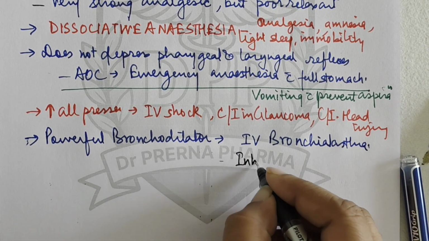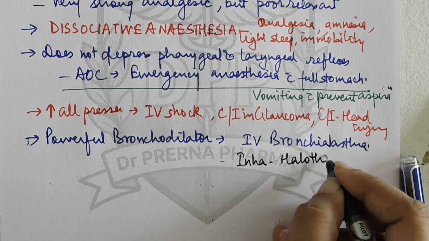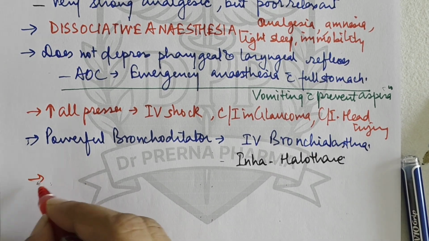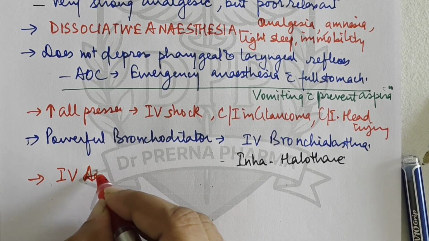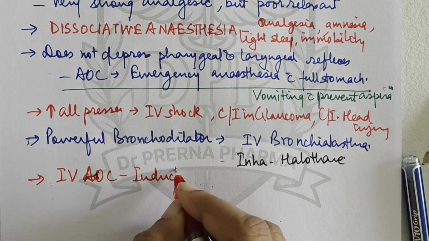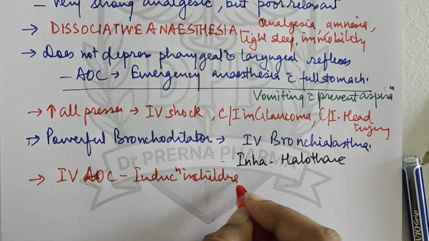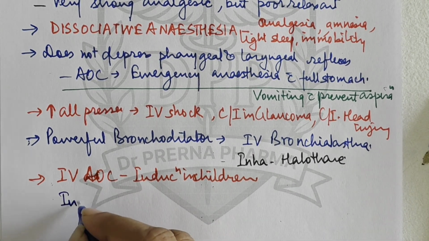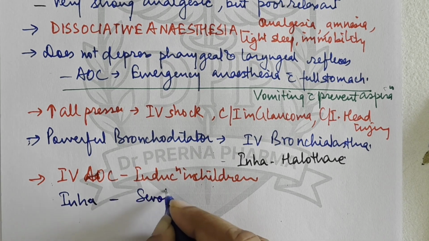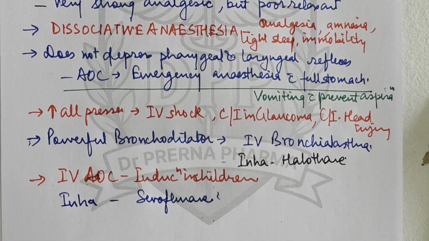Which was the inhalational one? Halothane. Then it is the IV anesthesia of choice in induction in children. Which was the inhalational one? It was Isoflurane. Okay?